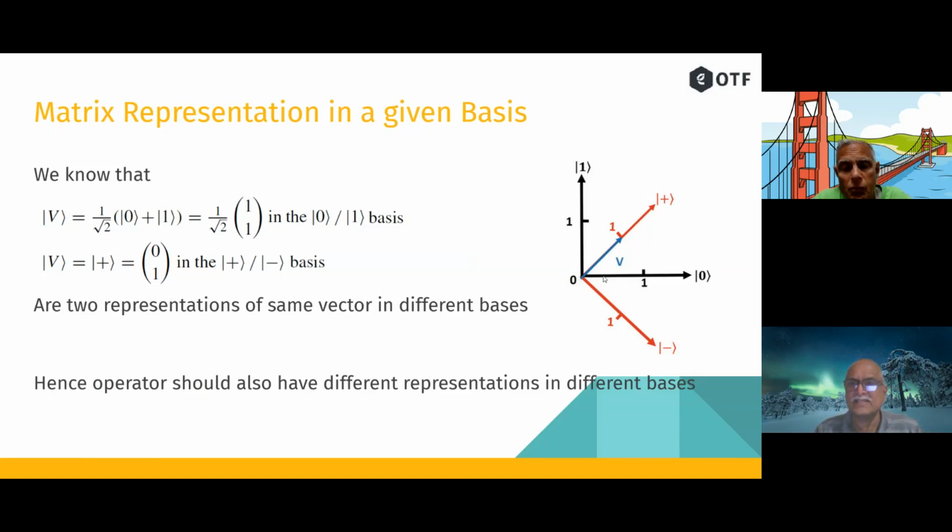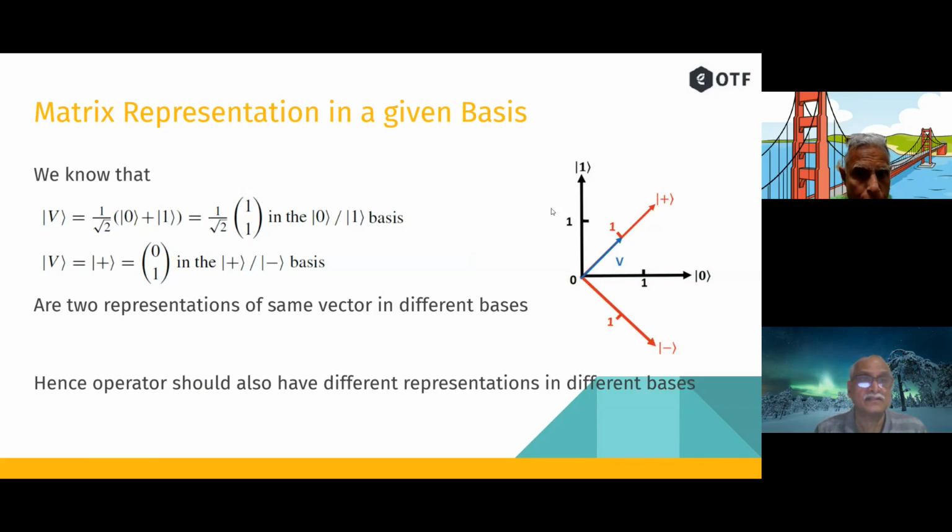In that case, the denotation here would be 1 over root 2 ket0 plus 1 over root 2 ket1, which we typically know. So it is just 1 over root 2 times (1, 1) in the 0 1 basis. So in the context of my 0 1 basis, I have this denoted as 1 over root 2 times the column vector (1, 1).